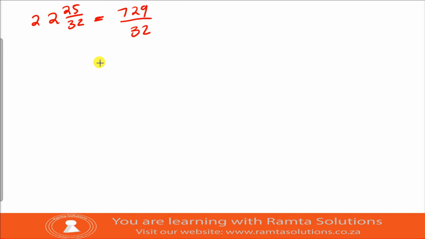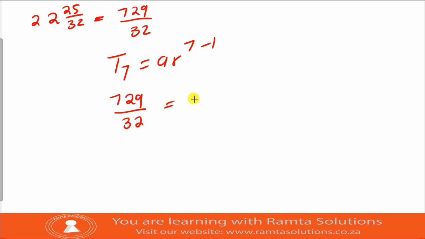All right. So we are looking for the seventh term. Again, where there's n, I put 7. So what is the seventh term? 729 over 32 equals AR to the 6. I'm going to call this equation 2.